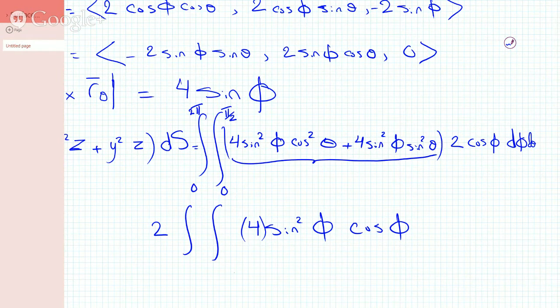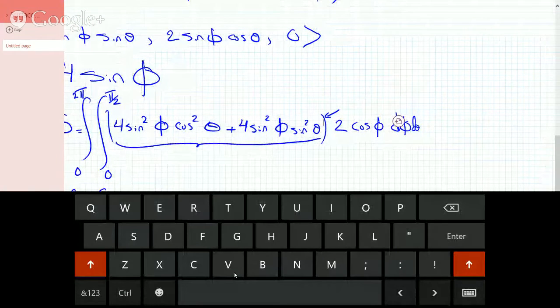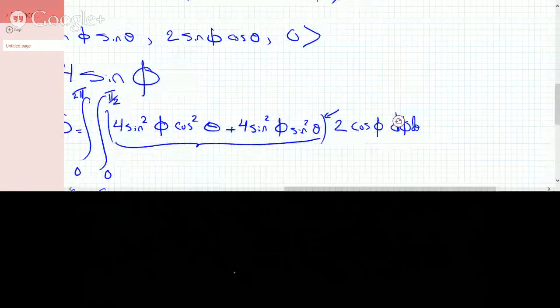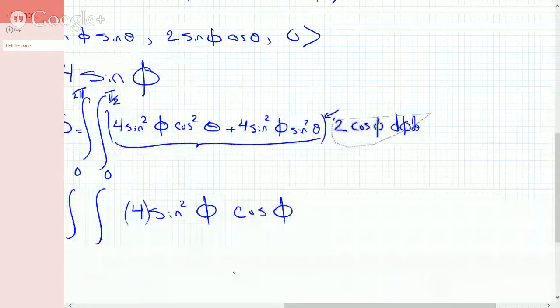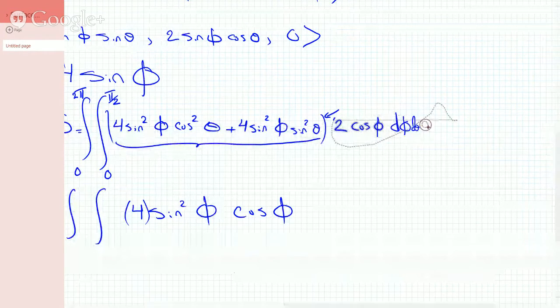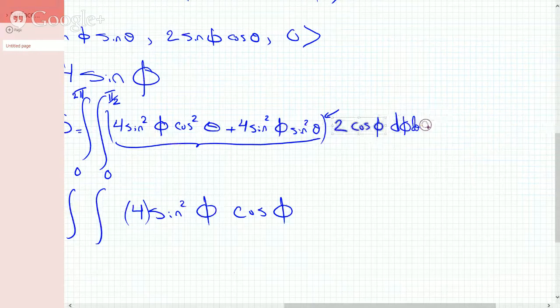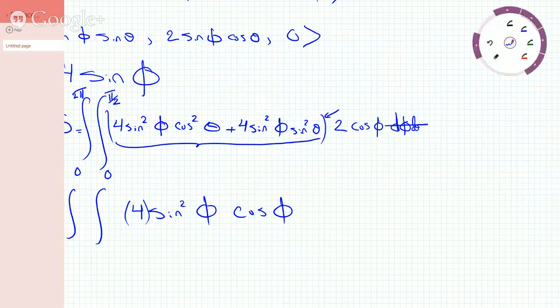I have a feeling I'm forgetting a... Oh yeah, we forgot the cross product term that goes here.